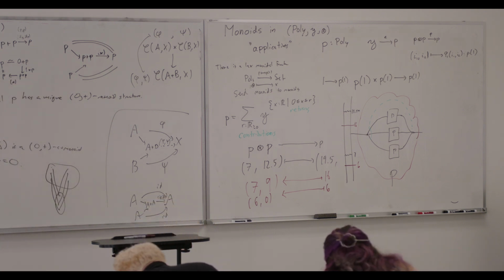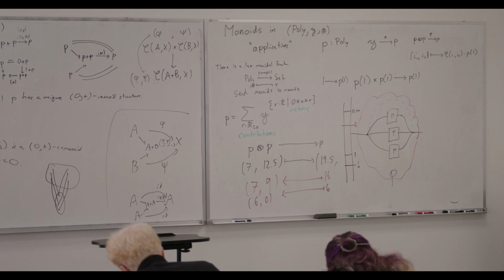It feels like you only got to do this because the reals are a monoid in set. I'm always going to have to put a monoid in my positions. That's true. Okay. Yep.